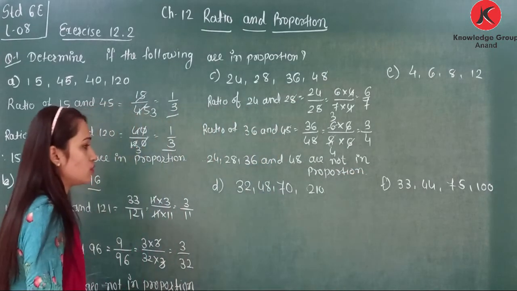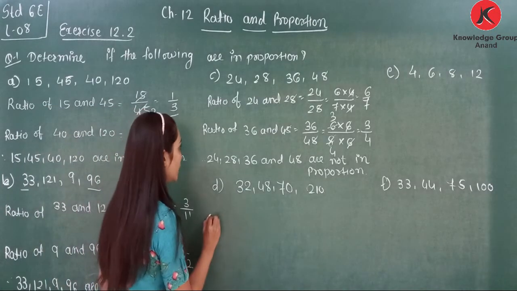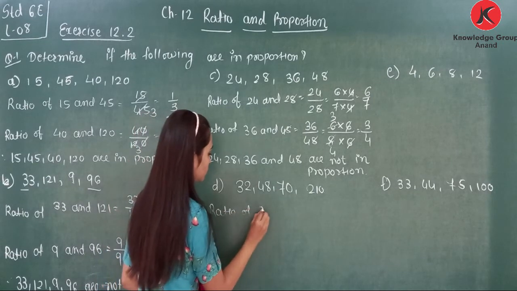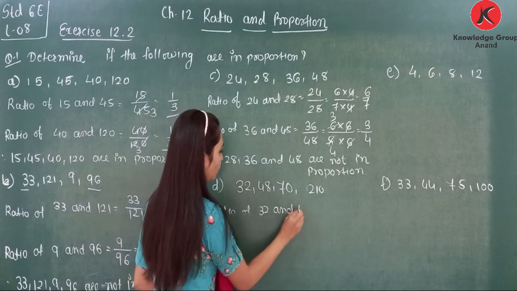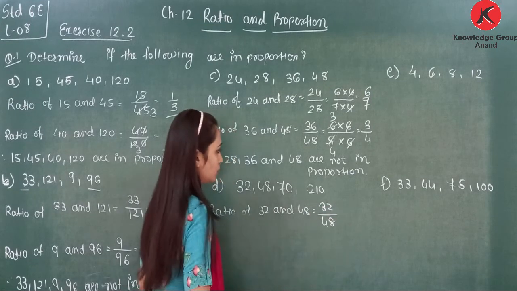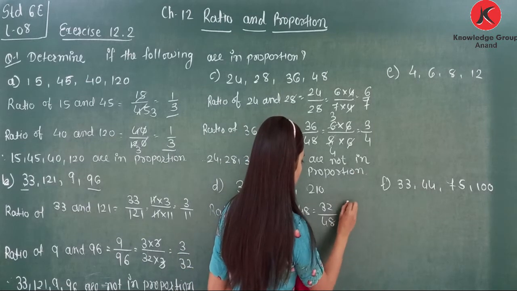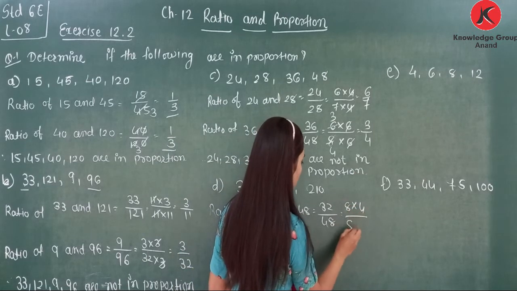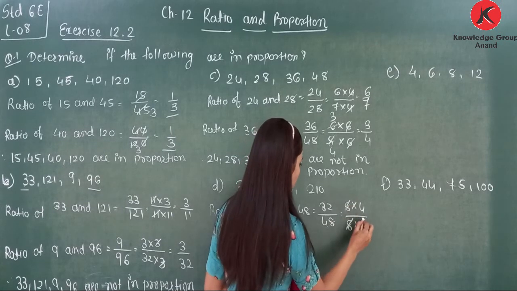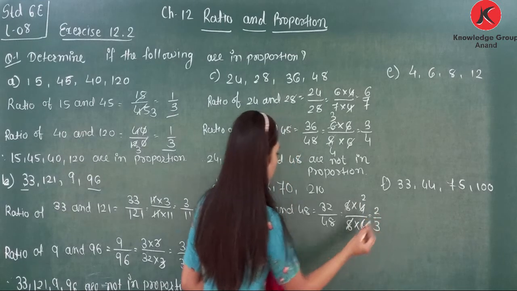Next one, 32, 48, 70, 210. Let's find the ratio of 32 and 48. 32 divided by 48. 8 fours are 32, 8 sixes are 48. Here we can cut the common factor, so it's 2 by 3.